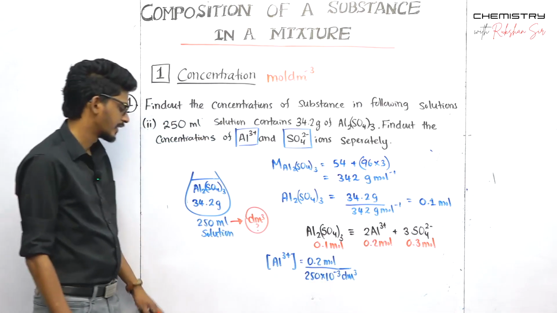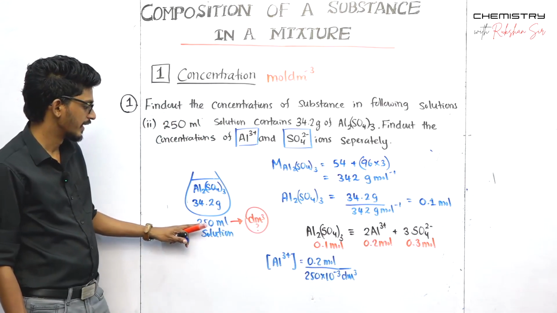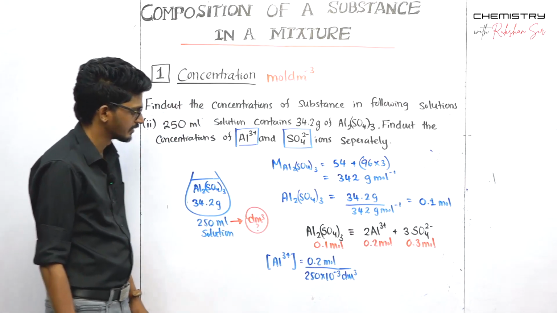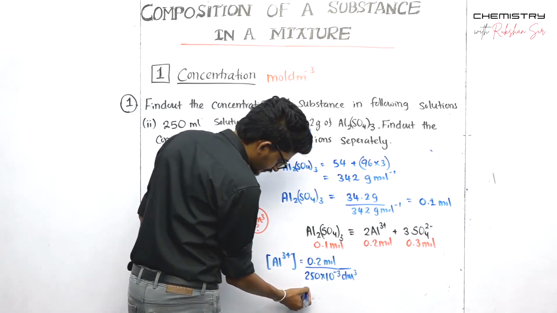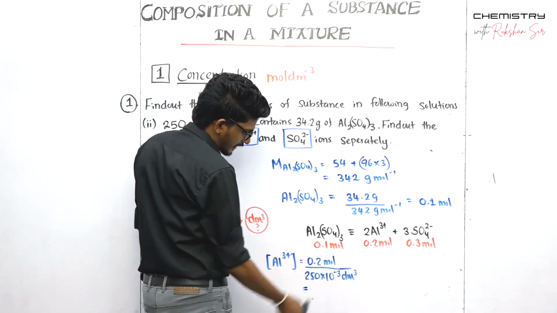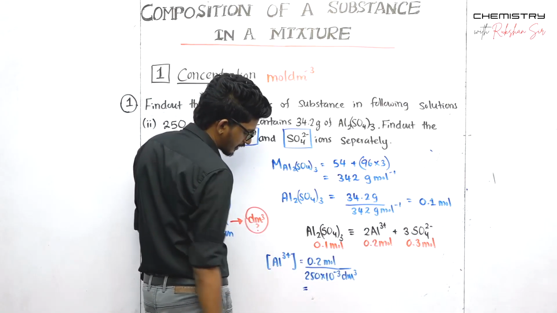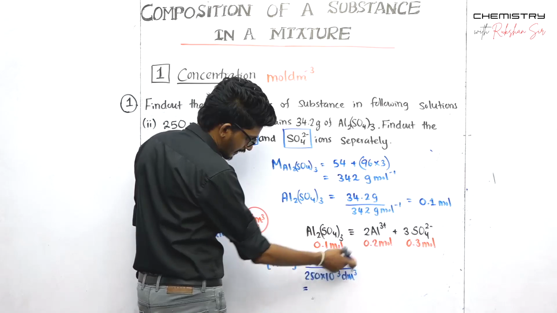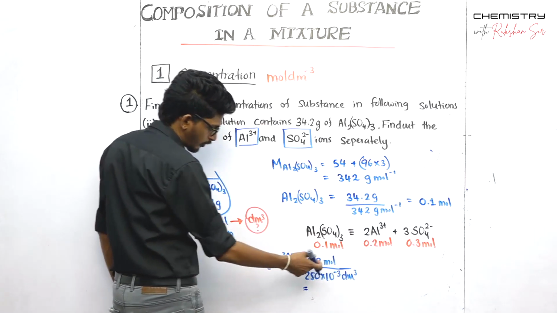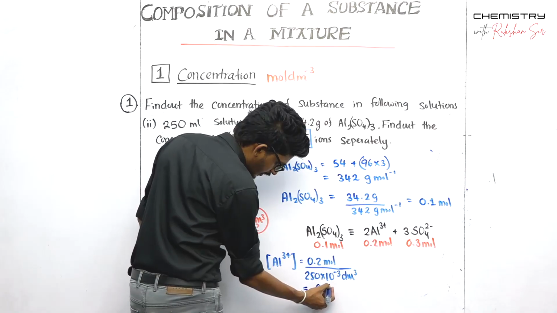So x milliliters is equal to x into 10 to the power minus 3 dm^3, right? That is the idea. So this 10 to the power 3 comes up to the top as 1000, and 1000 will be divided by 250. So that will give you 4. So 4 into 0.2, that is 0.8.